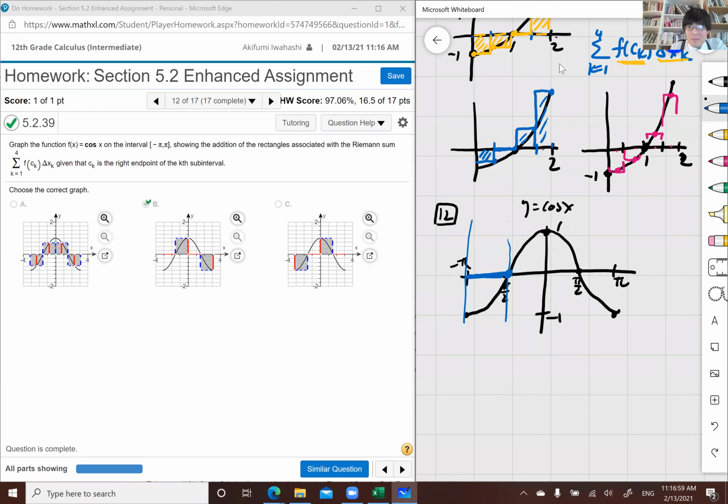On the second interval, the right end is this height, so I'm going to get a big vertical length here. Third one, 0 again. And fourth one, it's going to be negative. So nothing, positive rectangle, nothing, negative rectangle. Okay, so the best choice will be choice B.